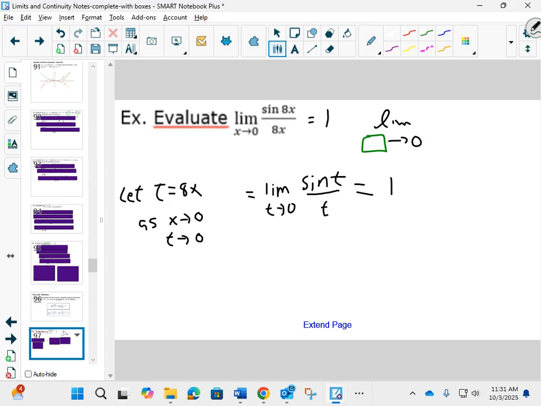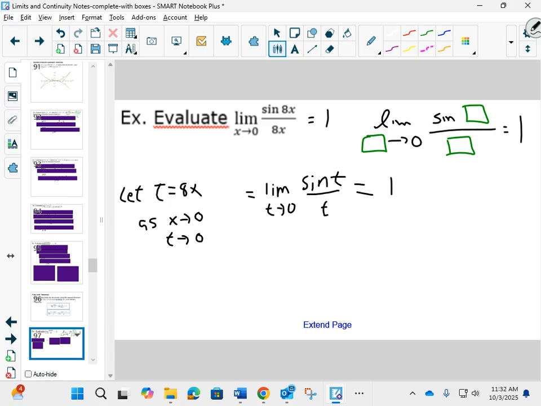And you have sine of something divided by that something, it will always follow this formula and be 1. Okay? I'm actually fine if you would just take this and right away write 1. You wouldn't have to do this substitution. I'm showing you the substitution now to get you the idea.